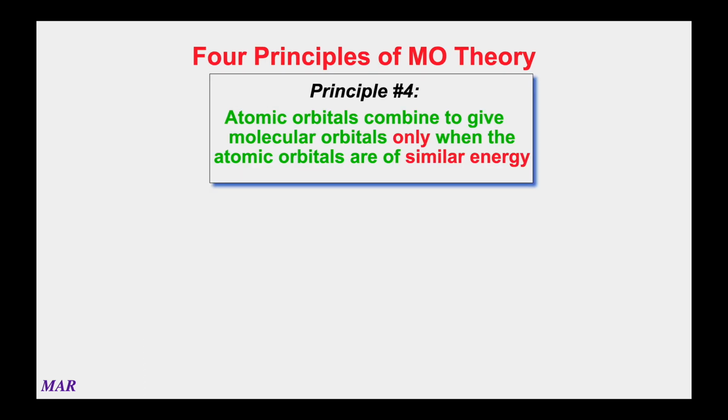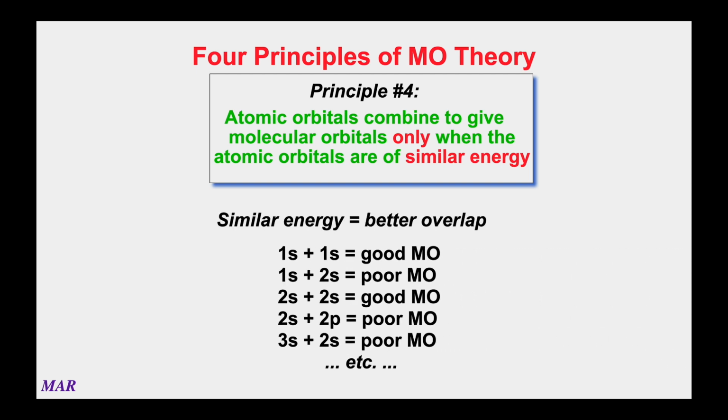The fourth principle of molecular orbital theory says that atomic orbitals will combine to give molecular orbitals only when the atomic orbitals are of similar energy. And this is where we'll start to realize why we can only really do diatomics with lower atomic number. Similar energy means better overlap.